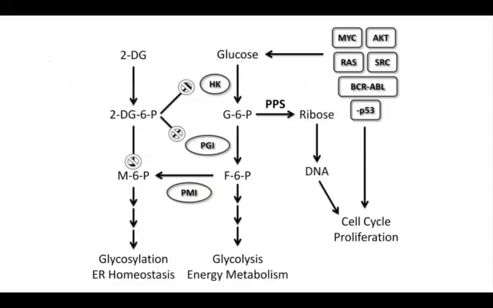This flowchart just summarizes all the effects of 2DG in the context of the Warburg effect and glycosylation. So it blocks hexokinase, PGI, and also acts as a decoy to mannose, blocking glycosylation and ER homeostasis, blocking glycolysis and energy metabolism, blocking intermediate metabolic pathways, which are crucial to providing the building blocks and nucleotides for biosynthetic processes and synthesis of DNA and cell cycle proliferation.